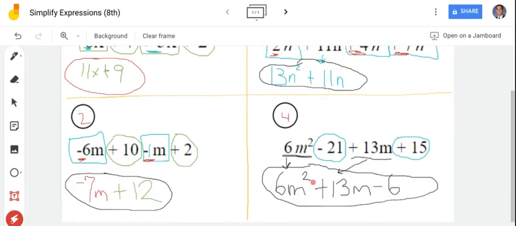Here in number 4, exponent's 2, exponent's 1, it's invisible right there, then I have my constant. So as you can see, in the final expression, the constant is always written last. 9 in number 1 is the constant, 12 here is the constant. I have no constant here, but if I did, it would be written last, and my constant here, negative 6, is written last. So in my final expression, my exponents should be written in descending order from highest exponent to lowest exponent.